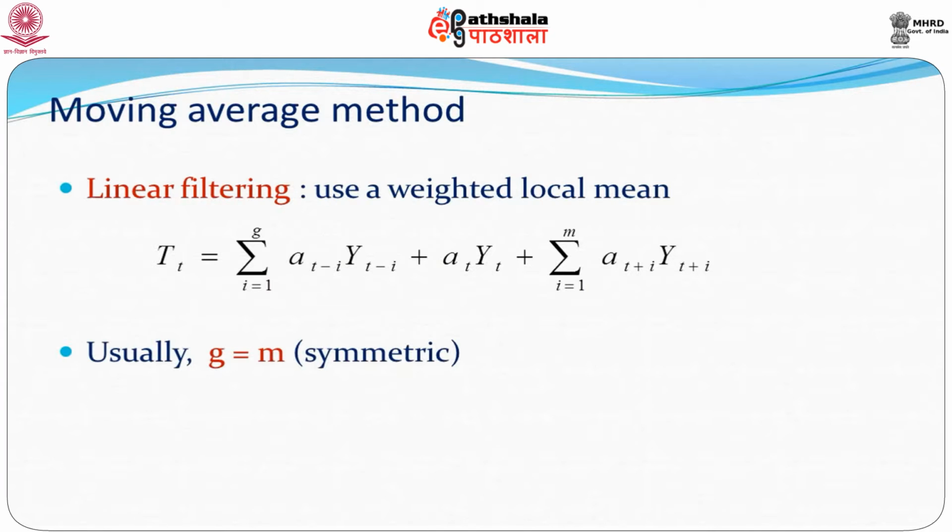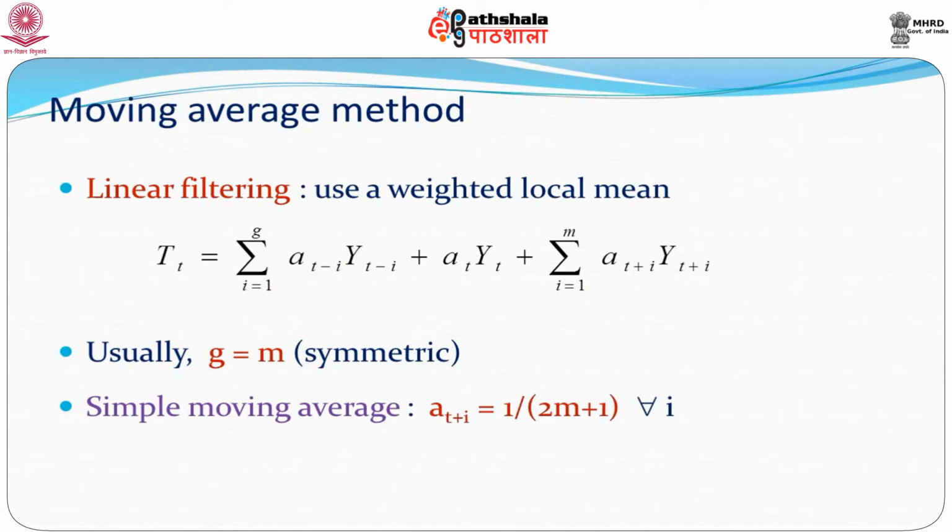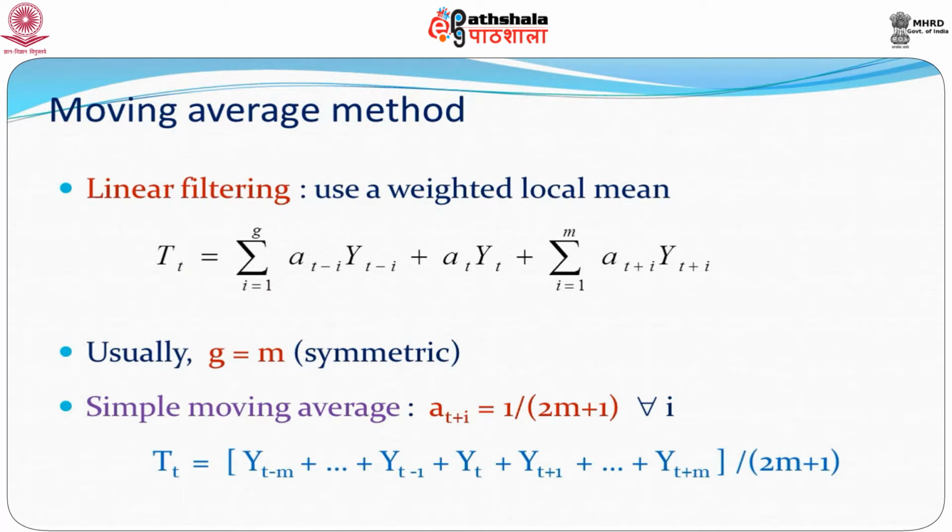Usually we take g equal to m and then we have a symmetric weighting system. So, we have suppose m subsequent values and m previous values and of course, the current value itself. We refer to this as a simple moving average if all the coefficients A are equal to 1 by twice m plus 1, and in that case the trend value looks like the sum of the previous m plus the subsequent m plus the current value.